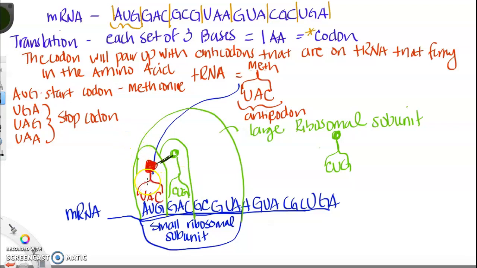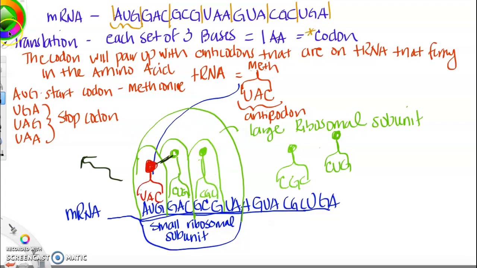Then this tRNA will go away, and the next tRNA with the next anticodon will come in. The next one is CGC. So then it will come in. This little amino acid will bind CGC, and a peptide bond will form.